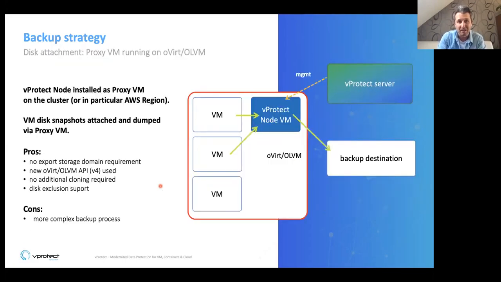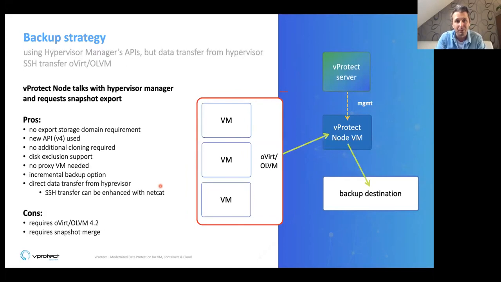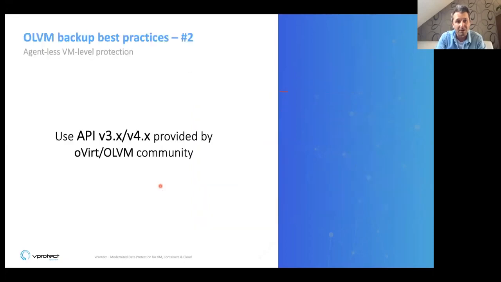You can choose the disk attachment approach, the disk image transfer API approach, or the SSH transfer. All of them have some pros and cons, but in the end we are giving you the choice of which option you should go with. Of course, we are always advising when we analyze your environment.